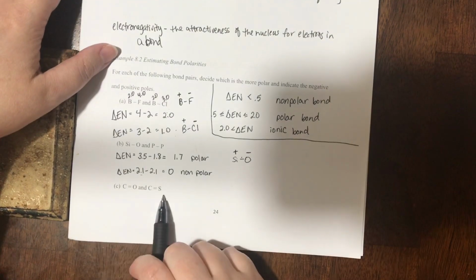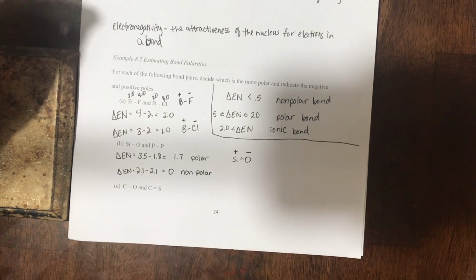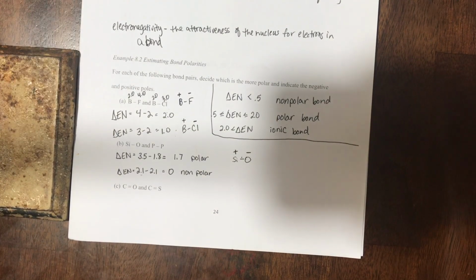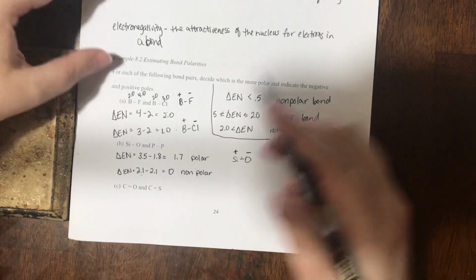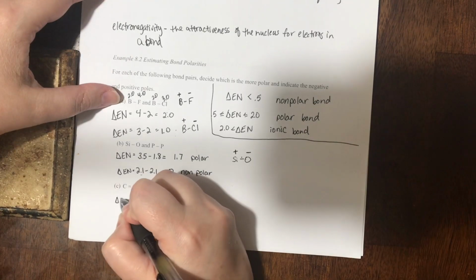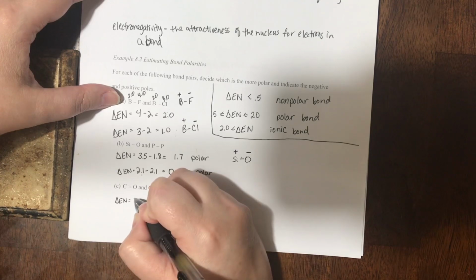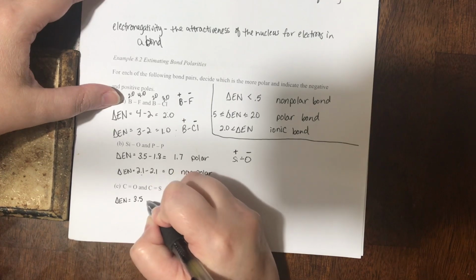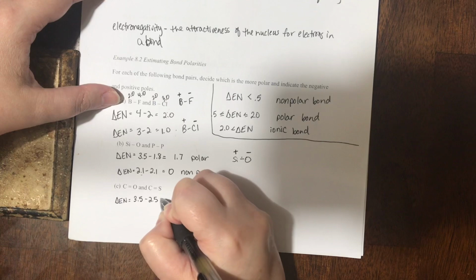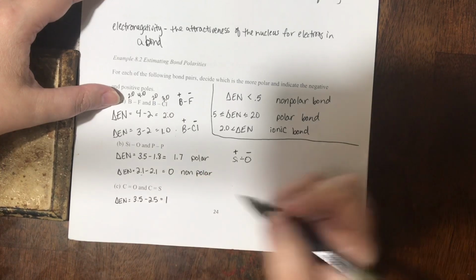Now here we have a double bond. That's okay, you can have double bonds. The process is still the same. Double, single, triple, you always do the same thing. So delta EN for the first one, O is bigger than C, so O is still 3.5, C is 2.5, so you get a difference in electronegativity of 1.